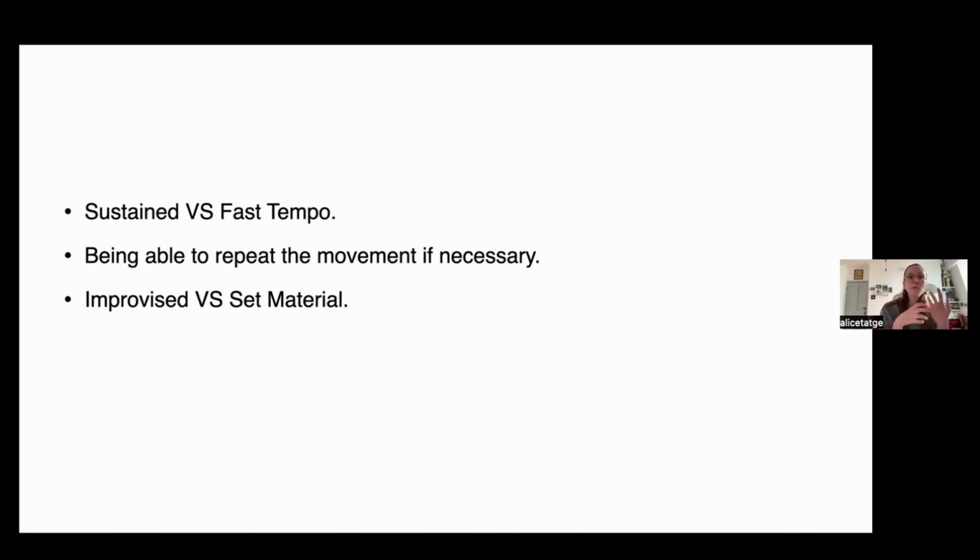And herein lies the question of improvise versus set material. I'm a big fan of improvised movement. I use improvisation in a lot of my work. I think it's great to find perhaps characters and different ways of moving.